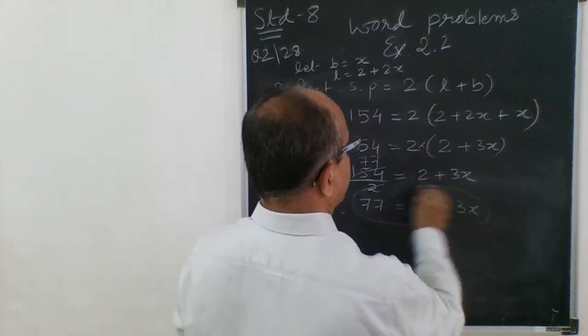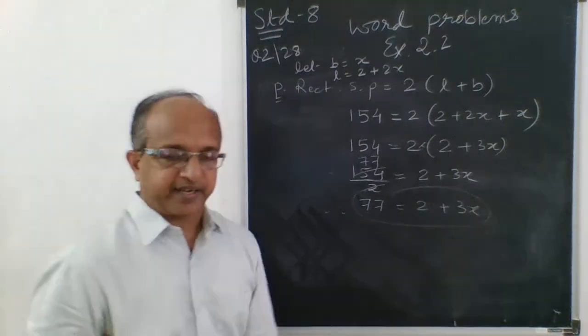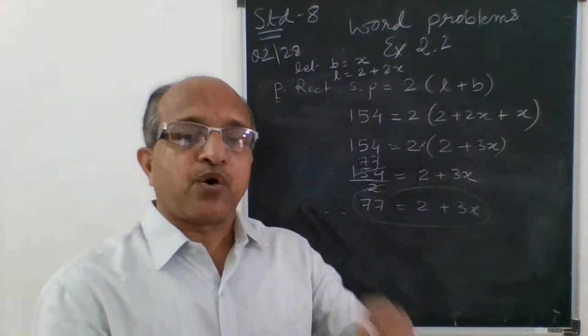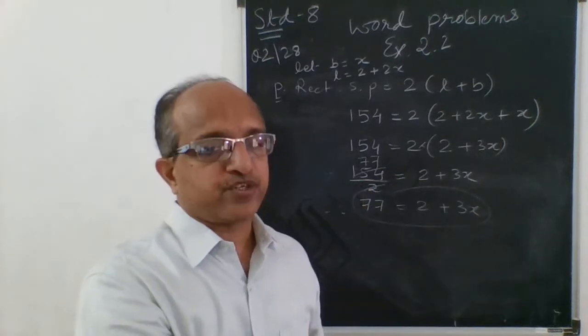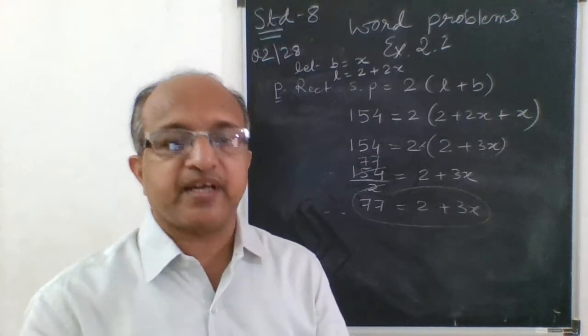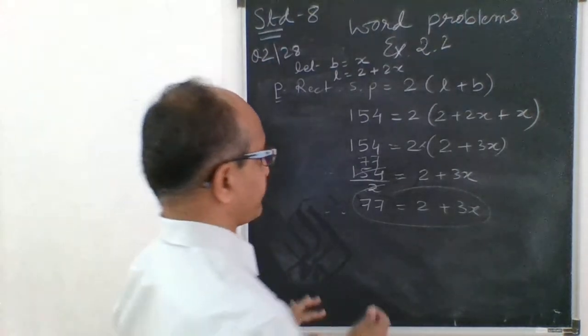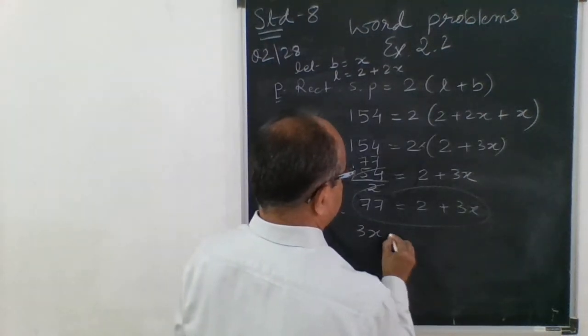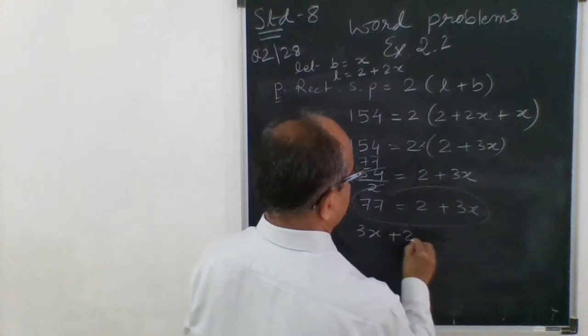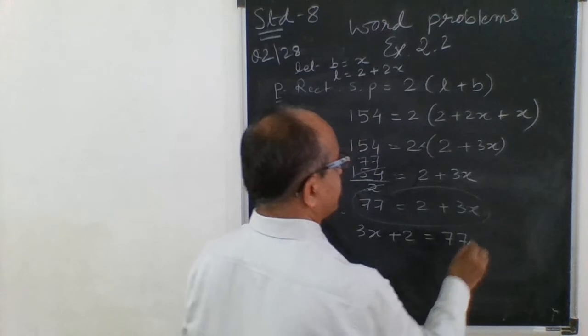Now whenever we have variable on the right hand side, understand children, last time also we have discussed, the whole RHS will go to LHS and whole LHS to RHS without changing any sign. So 3x plus 2 is equal to 77.